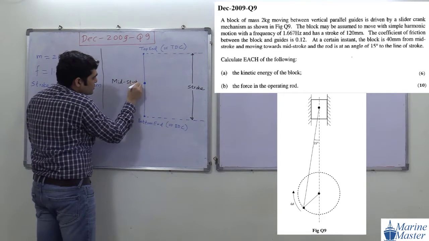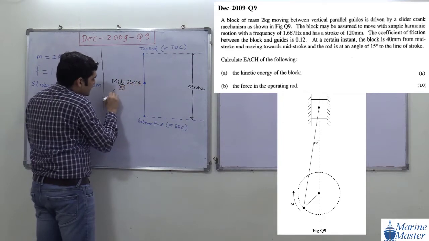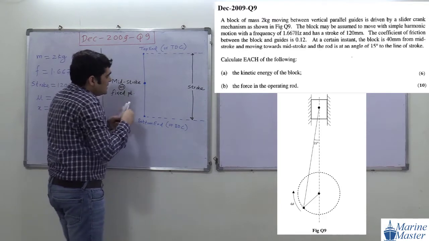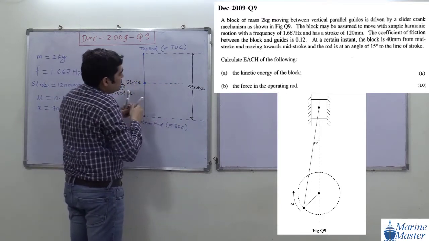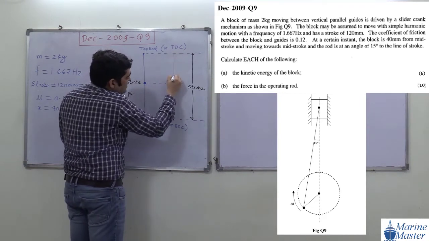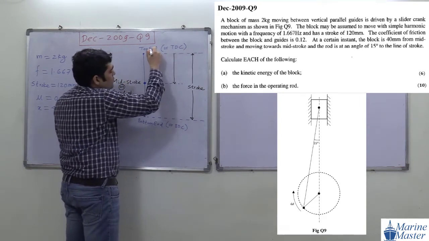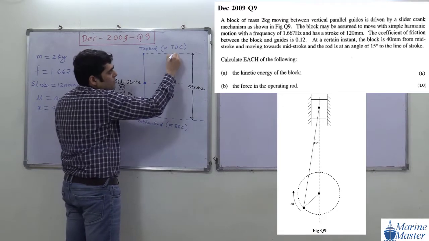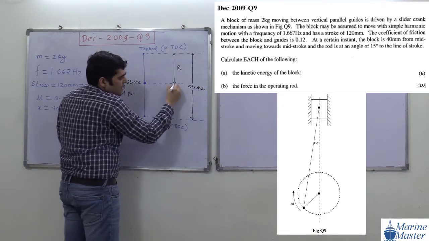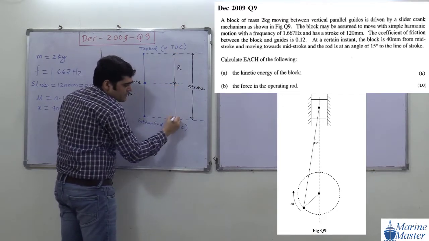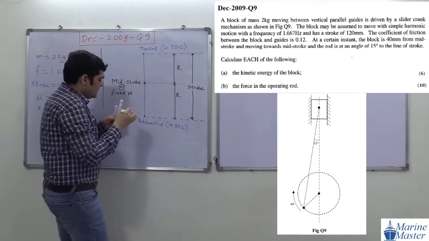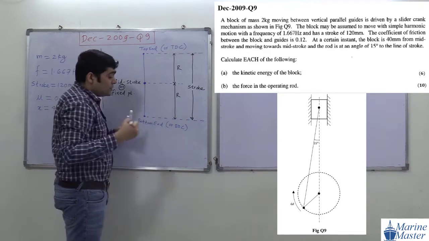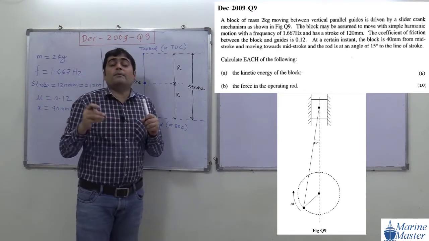Another name for mid stroke is the fixed point. And then this distance, try to see the scenario here. This distance is from the top end, or TDC, to mid stroke. This distance is R, and R means the amplitude of SHM. Now where is the location of our block?